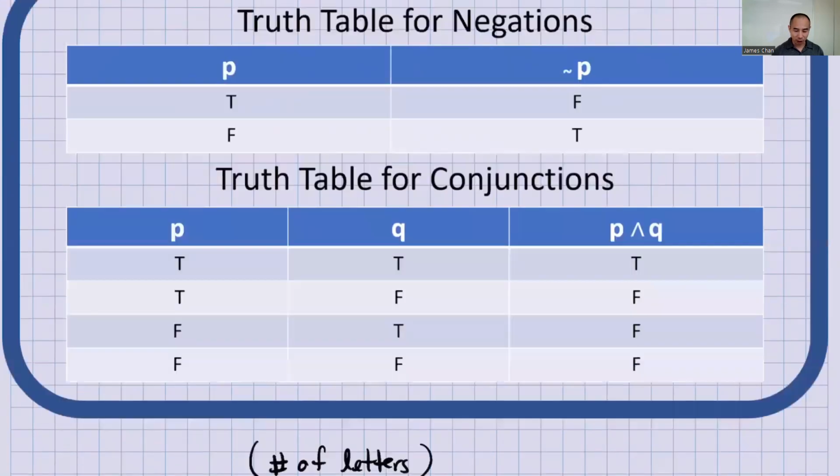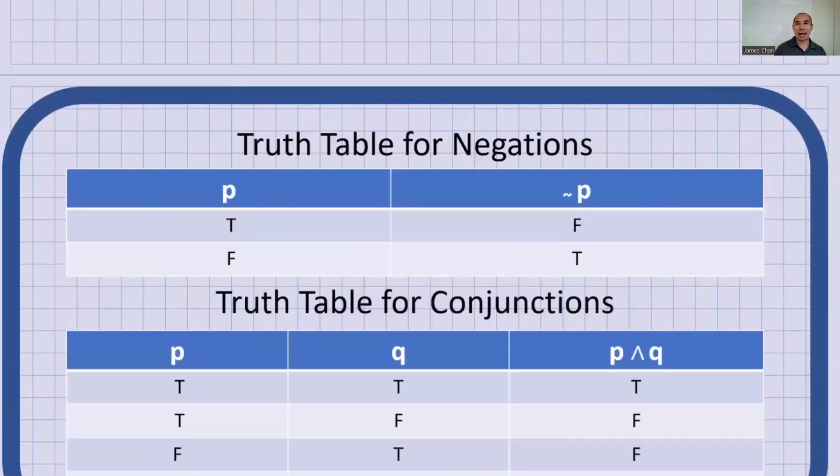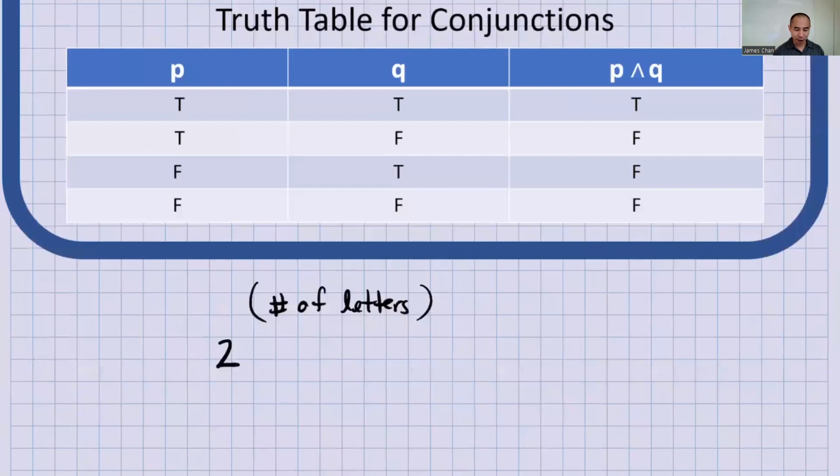So on the truth table for negation, I only have one letter, P. So 2 to the first power is 2. Notice that I have 2 rows here. Here I have P and Q, so the number of letters is 2. 2 raised to the second power is 4. So that's why I would have 1, 2, 3, 4 rows.